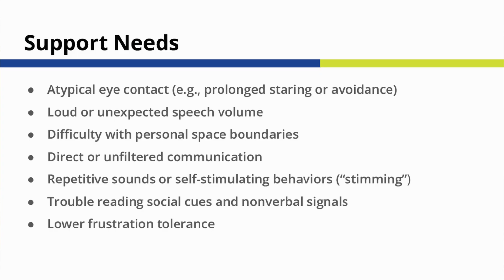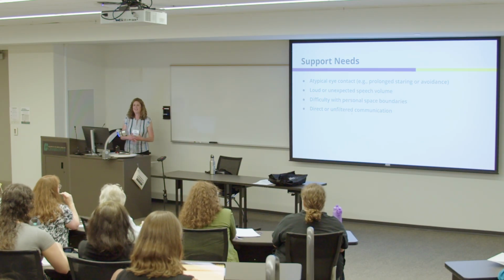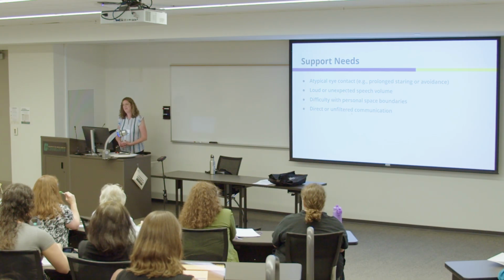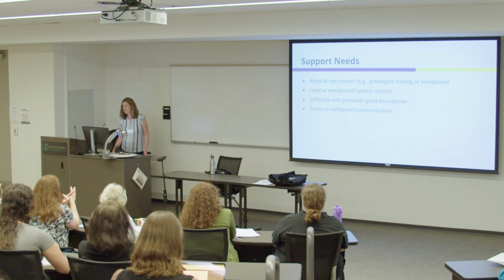There could be loud or unexpected speech volume, difficulty with personal space. That can be something that could be a challenge. Although it's nice that somebody on the spectrum might be very straightforward, it can come across as being overly direct or unfiltered.